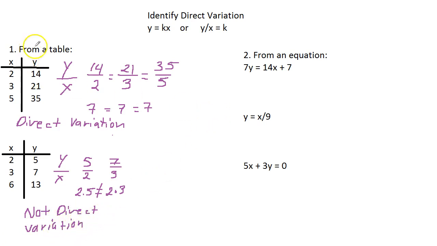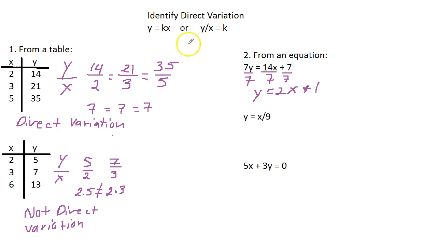All right, now let's try looking at equations. When you have equations, I want to put it in either this method or this method. The easiest way is to just solve for y. So I'm going to divide each side by 7, everything, and I get y equals 14 divided by 7 is 2x plus 1.